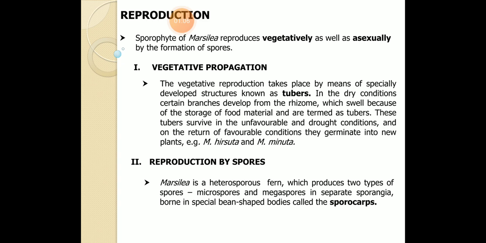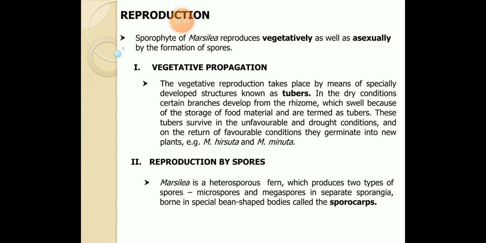Those are known as the tubers. When these tubers get separated from the mother plant, they are capable of producing new plants. That's one type of vegetative reproduction in Marsilia, especially in Marsilia hirsuta and Marsilia minuta, which are involved in tuber formation.